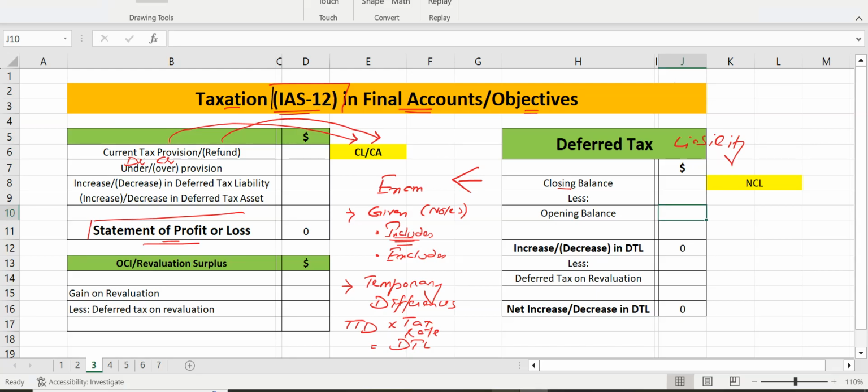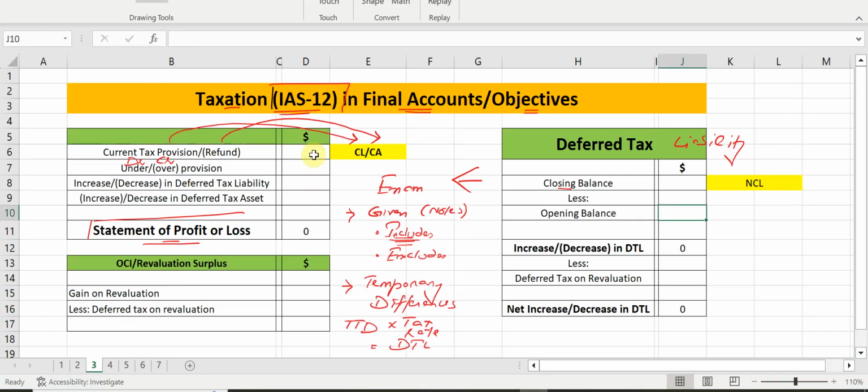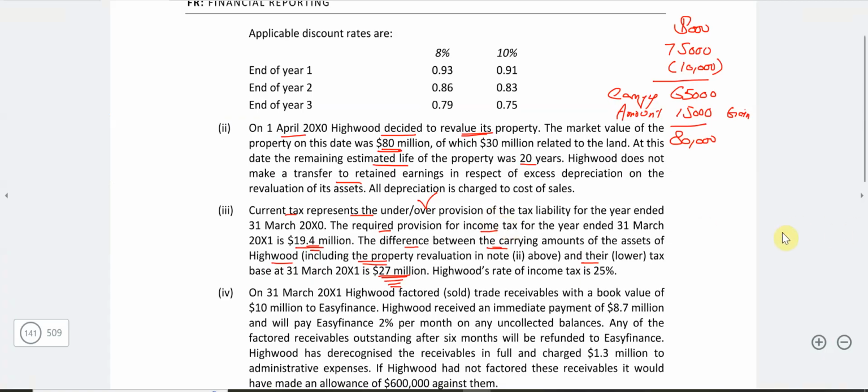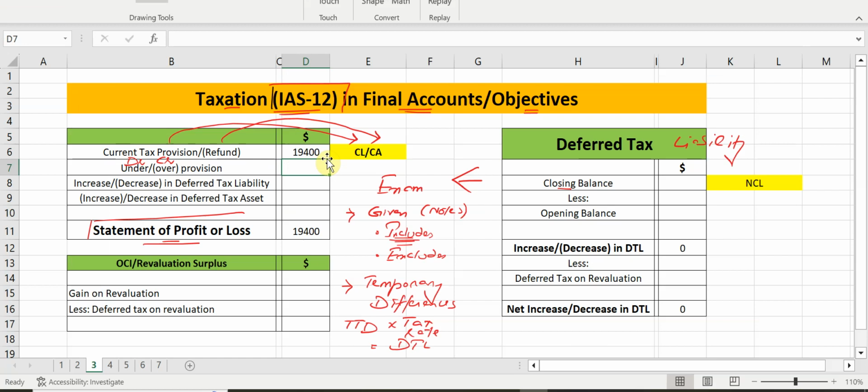Going back to note number 3, it says the current year tax provision is 19.4 million. That means 19,400. And then we have the over provision of 800, which decreases the current year tax charge. So we have this 800, and then we need to go to the deferred tax liability.